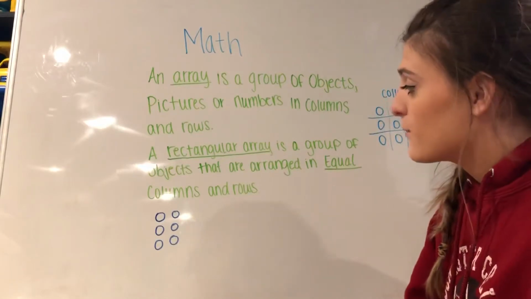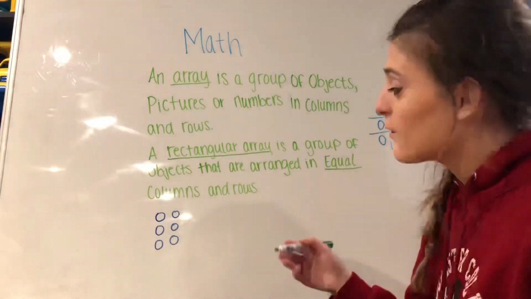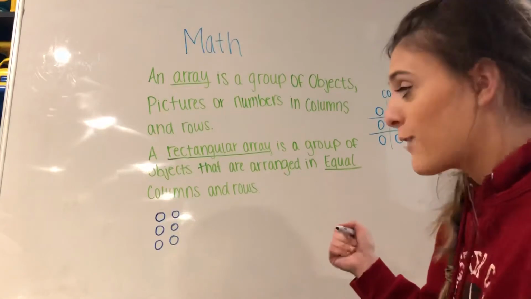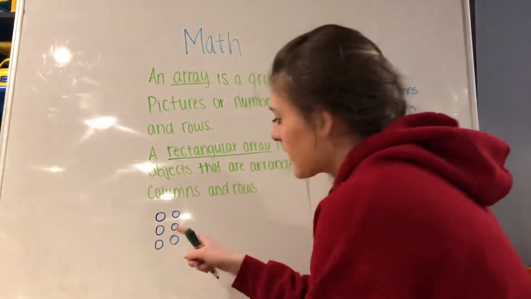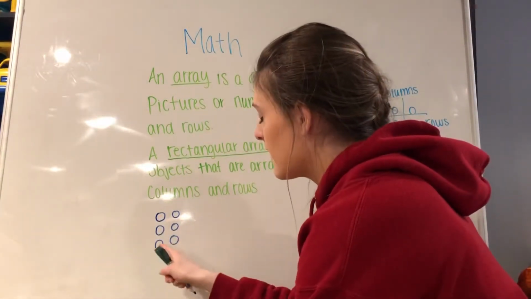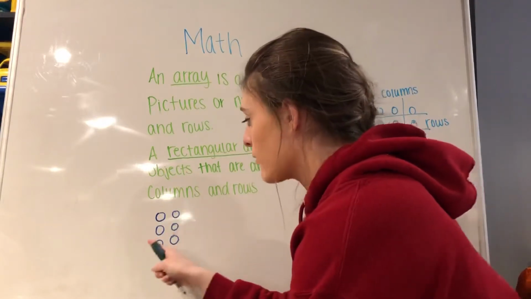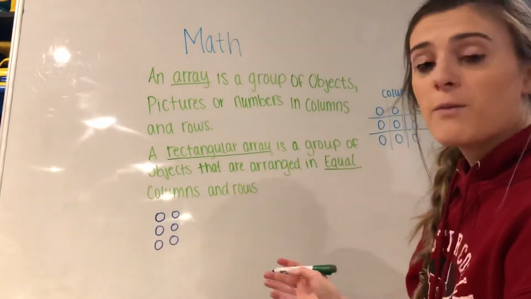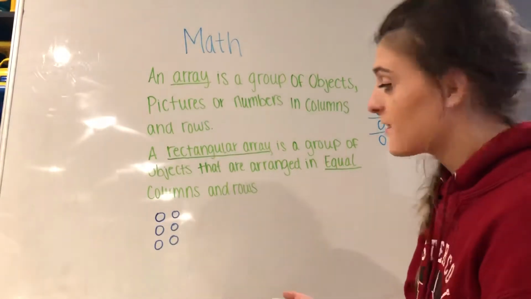So for the addition sentence that you will make for this, we're going to look at our columns and we're going to look at our rows for this. And we have to come up with our math sentence for it.